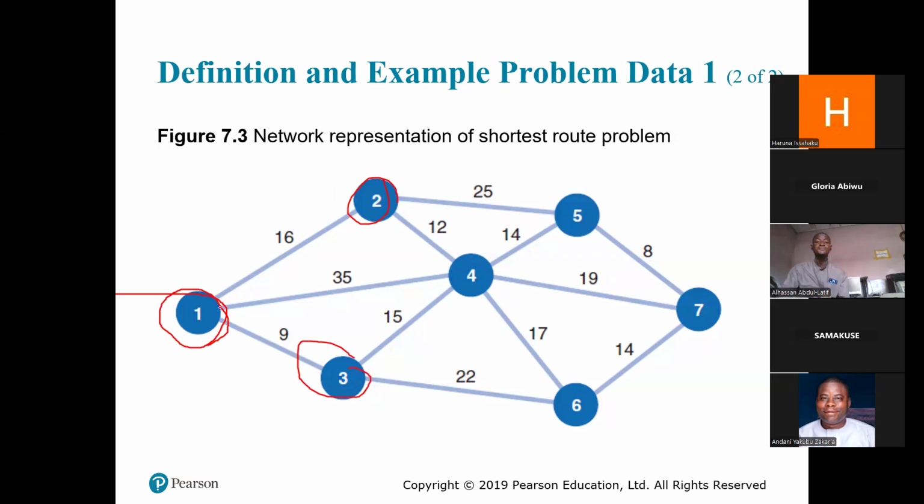And you see that the nodes that are connected to them are 1, 4, 2, 4, 2, 5. So we're talking about direct connection. 3, 3, 4, and then what? 3, 6.